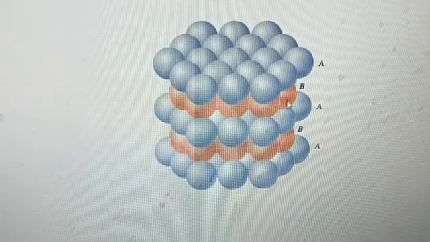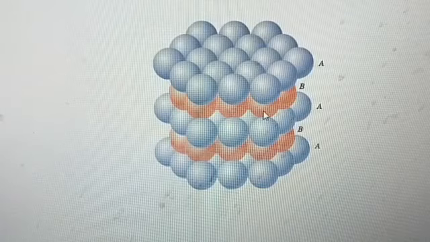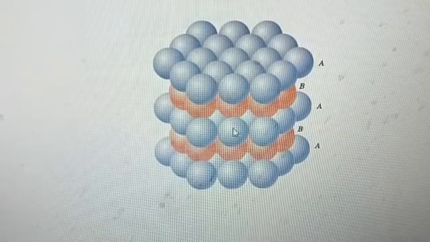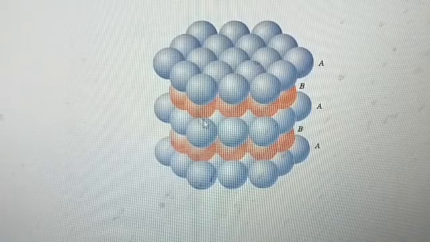Now see here. This is the first layer, this is the second layer, and this is again the first layer. So if the tetrahedral voids are covered, the third layer should align with the first layer. That means the arrangement of the constituent particles in the first and third layers should be the same.